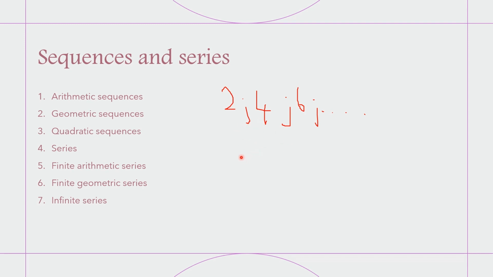A series is an addition of all the numbers in the sequence. So if you write the same sequence as a series, you will say 2 plus 4 plus 6 plus, moving forward, all the numbers that come after that. So that is the difference between a sequence and a series.